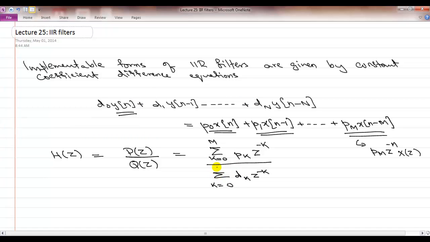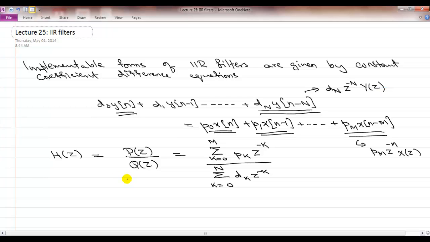The denominator polynomial is coming due to your previous samples of y. So for example, this is dN z to the minus N Y of z. You know that we also had a question on a similar kind of problem. You can verify that this is the form.